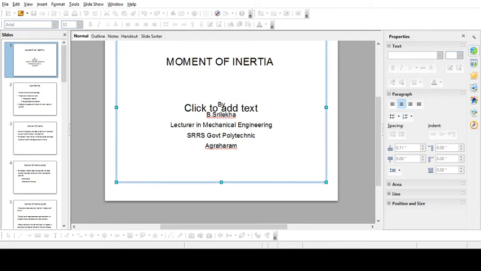So again we have learned that Izz is equal to Ixx plus Iyy. Next, the moment of inertia of a rectangular section is Ixx equal to BD cube by 12.